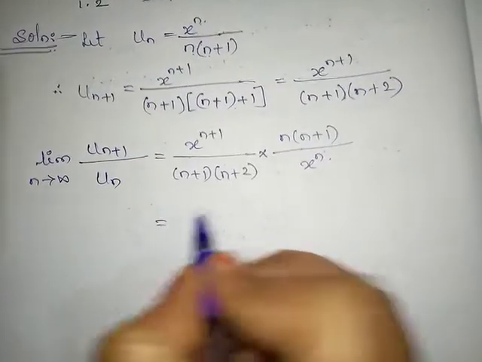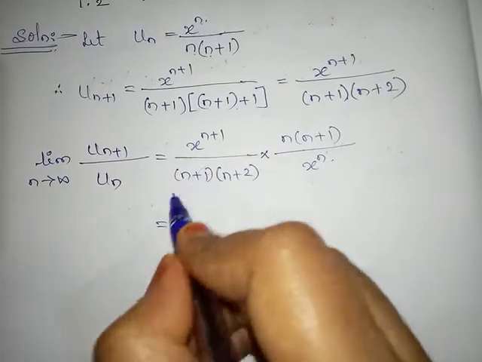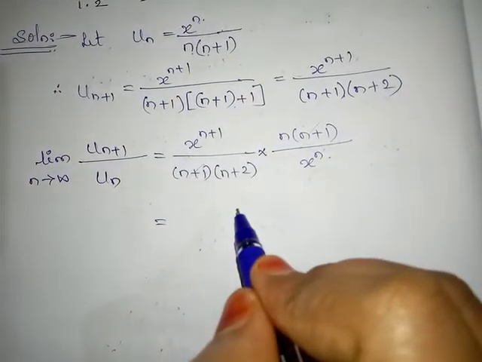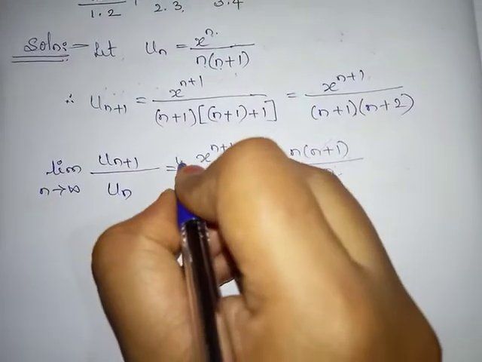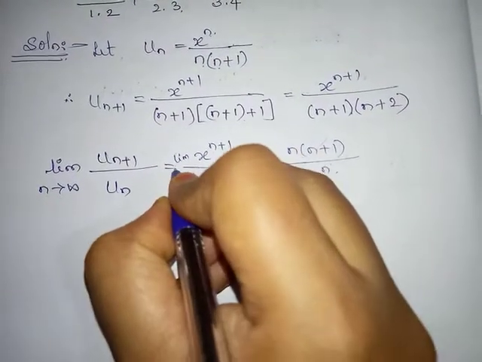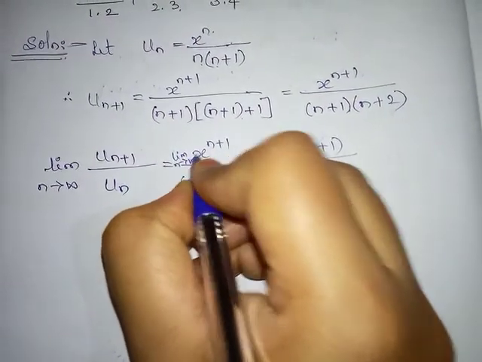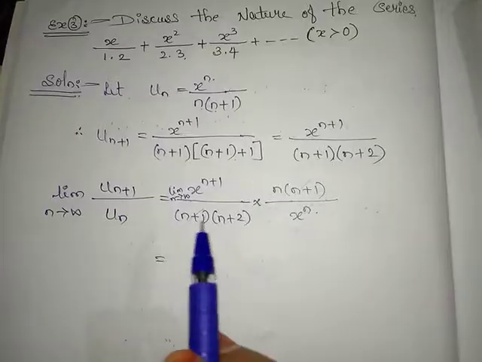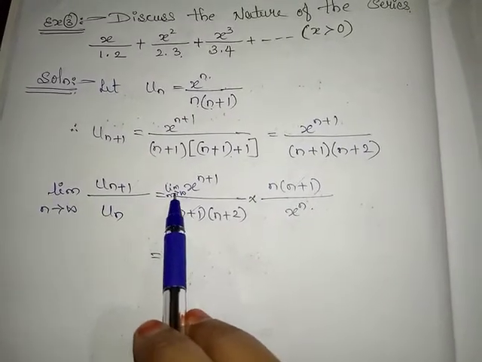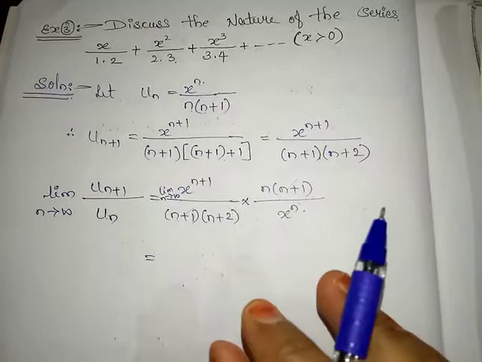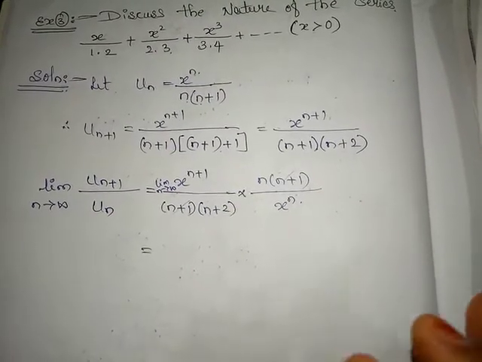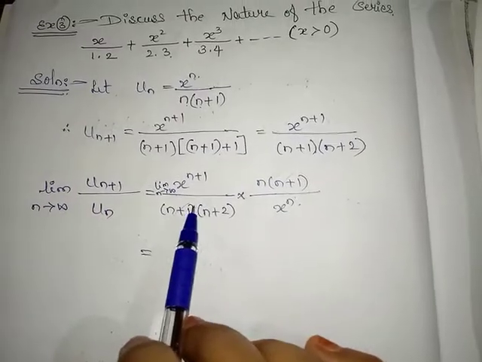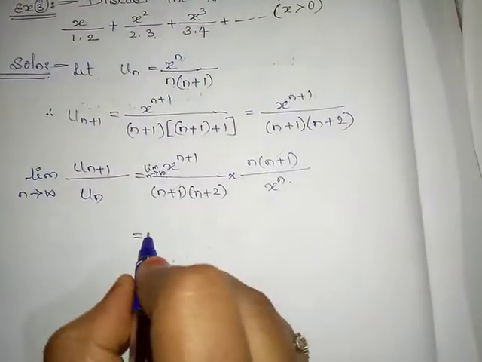Next, see here this n plus 1 term cancels with this n plus 1 term, and this x here also. I have forgotten to write limit here, sorry for that. But if you forget to write limit n tends to infinity in the examination, definitely you will lose marks. So please be careful while you are writing these terms.